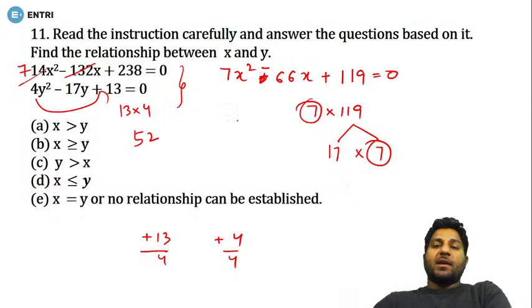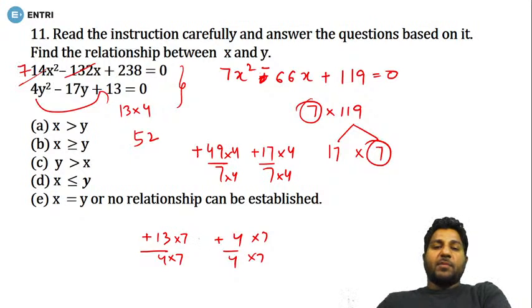Now, its factor will be plus 49 and plus 17, but you will divide it by 7. So what will we do? We'll multiply with 7 here and multiply with 4 here. We don't need to multiply lots of things here, okay, because we know in both the data we'll be getting what? Maximum value. Look at this, 91, and it will be 64.